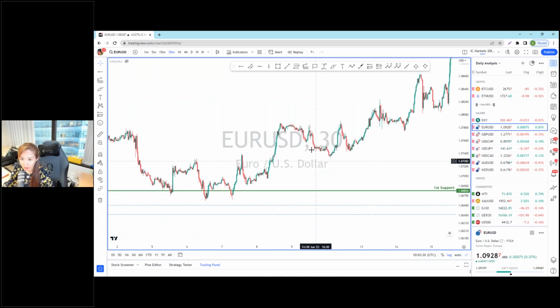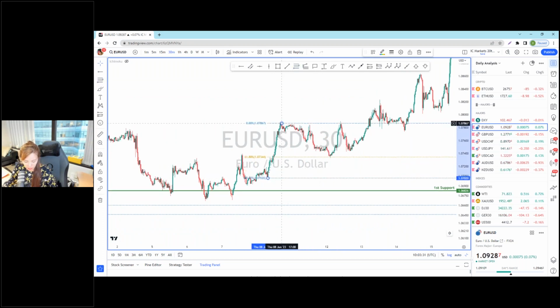Okay, I'm going to draw the retracement first because I want to find the Fibonacci confluence. Again guys, Fibonacci retracement, you can draw on any time frame, it doesn't matter, but of course the higher time frame will be better.